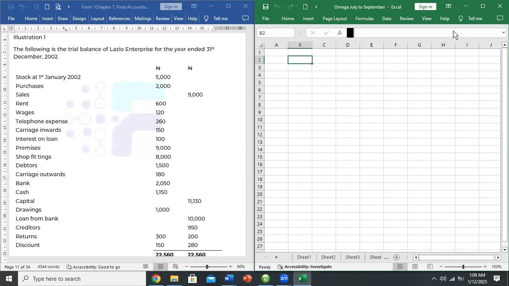Okay, so bring the name of the business, Lazio Enterprise. We are preparing A, the trading account for the year ended 31st December 2002.